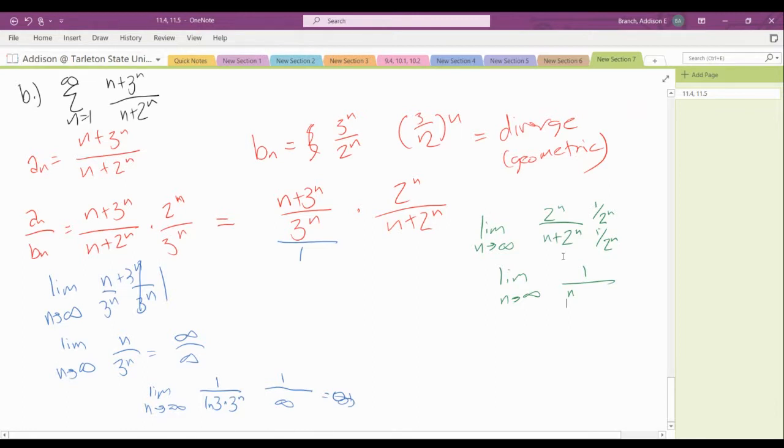What we can do is n over 2^n plus 1. Let's take our small limit as n approaches infinity of n over 2^n, because that's going to give us an indeterminate form.